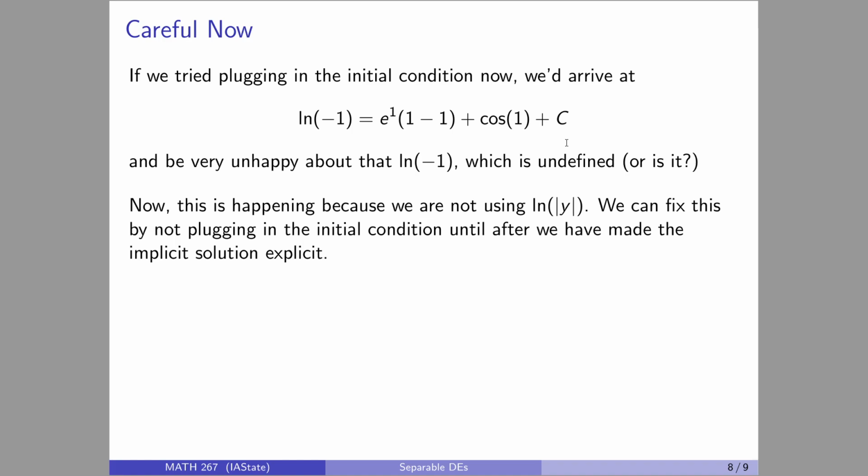Now, in the cases where you can't make an explicit one, then fine, put in the absolute values and all that other stuff. But for this class, for the things we're going to work on, just don't even worry about that. Anytime something like this shows up, it's an implicit equation that can be easily made explicit. So do that first before plugging in the initial condition.